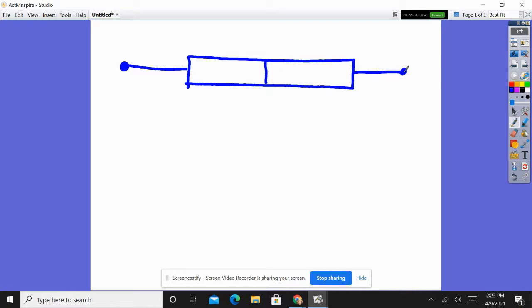The box is cut up into 2 pieces. So now we have 4 sections. This dot on this side end is called the lower extreme. The lower extreme is the smallest number you have listed.